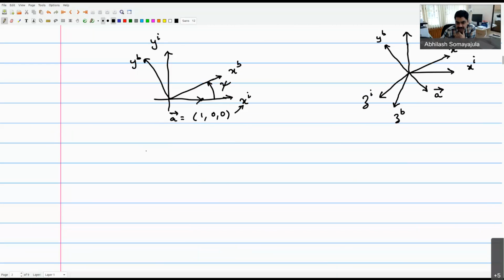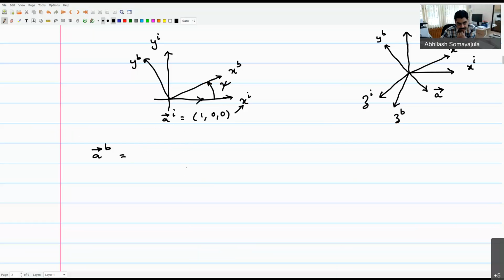What is the position vector of this vector A when I express it in the body fixed frame? So in essence, if I wanted to write this properly, this would be representing the A vector in the I frame as 1, 0, 0. I want to find out what that A vector is in the B frame. What will that be?